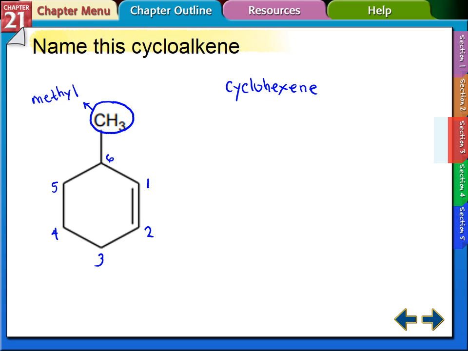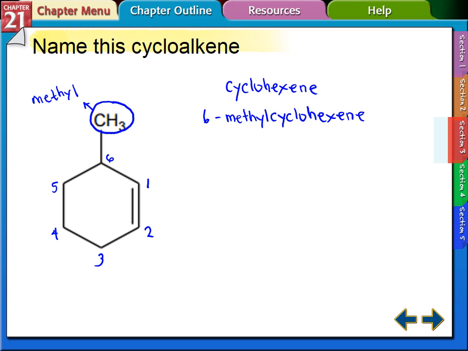CH3 is methyl. Now let's see. Based on how we numbered our carbons, we will have 6-methylcyclohexene.